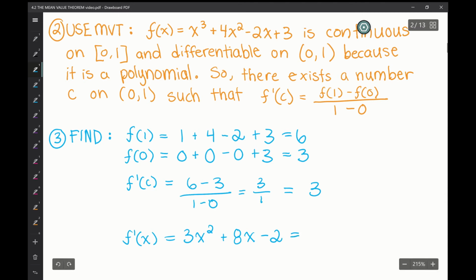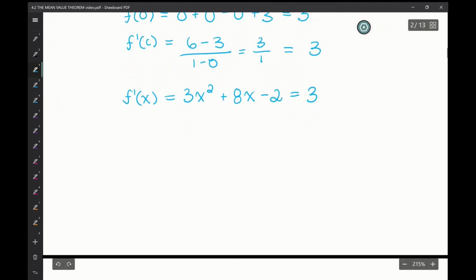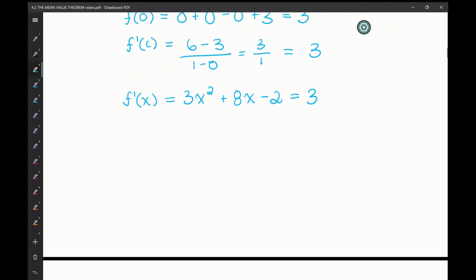And we're interested in the x values where this derivative is equal to 3. So now all we have to do is solve for x. So we can subtract 3 from each side. So we have 3x squared plus 8x minus 5 is equal to 0. Then in order to solve this for x, we can use the quadratic formula.